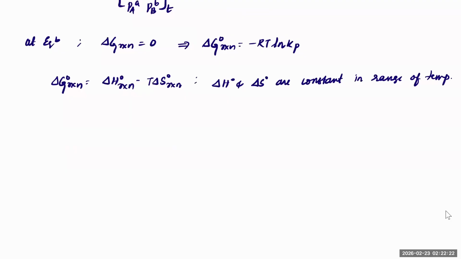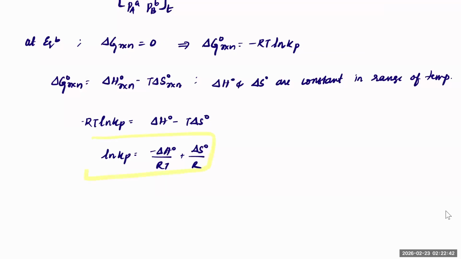If you put that logic here, I will get minus RT ln Kp is equal to delta H naught minus T delta S naught. So from here I get ln Kp is equal to minus delta H naught by RT plus delta S naught by R.